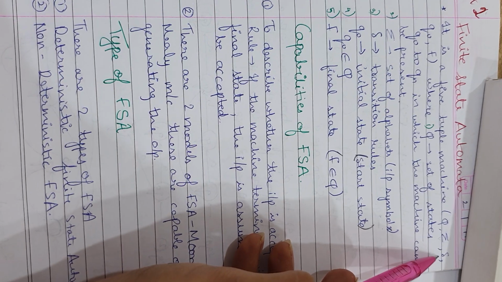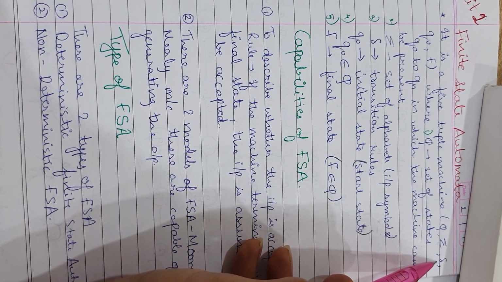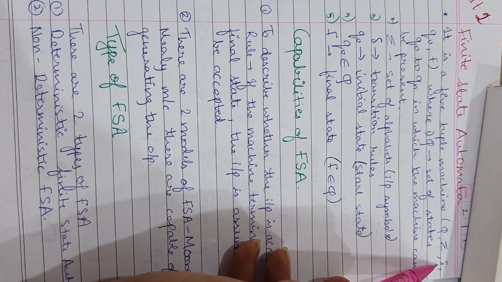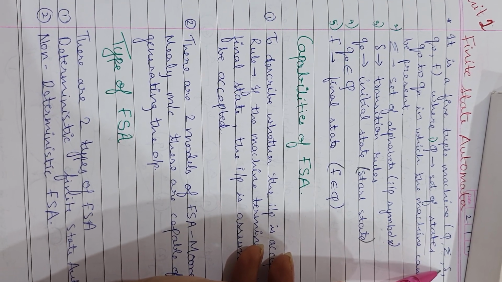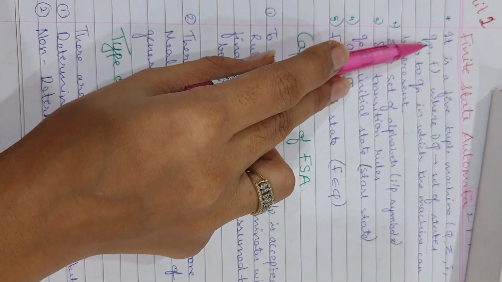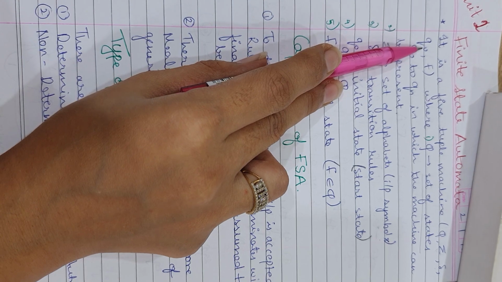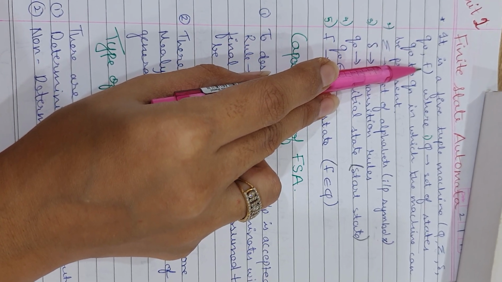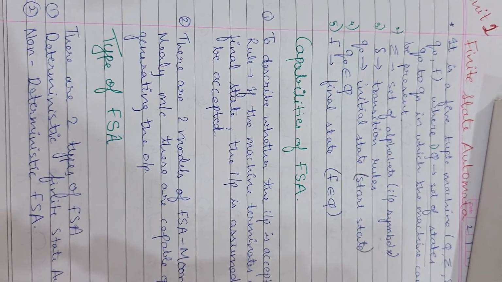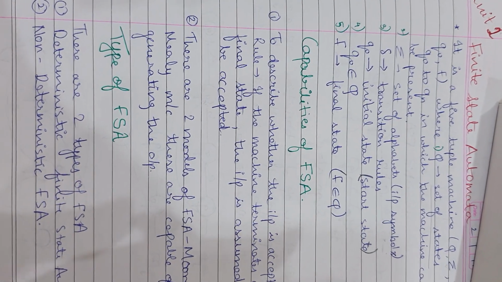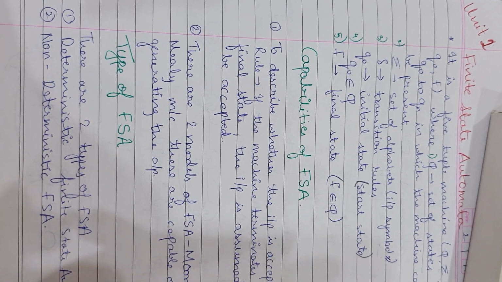Then the set of transitions, which can be represented in the form of transitions, or we can specify that in the form of a state diagram. Next we have the initial state Q0 and the final state. So these are the 5 parameters that you have to specify when you are designing a finite automata.